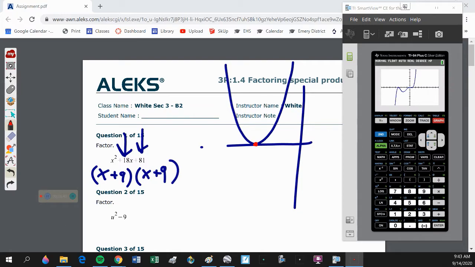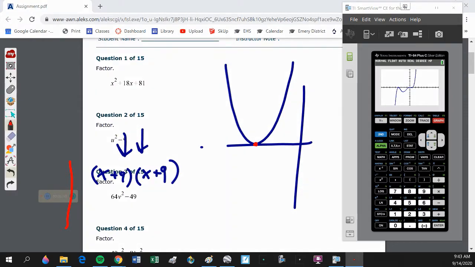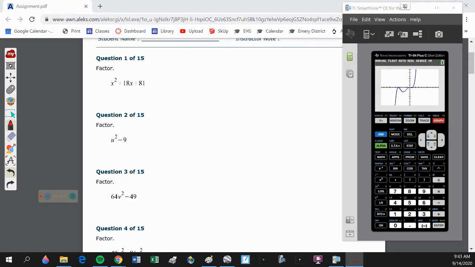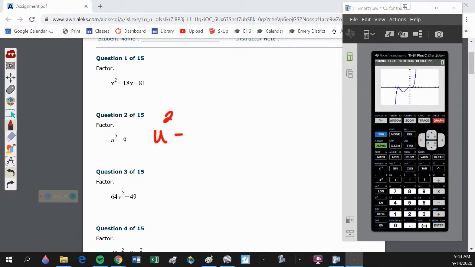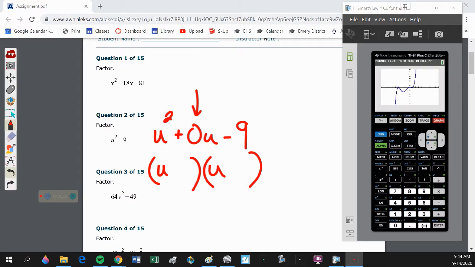The next one's a little bit weird. So I'm going to treat this like u squared plus 0u minus 9. Can you think of two factors that multiply to be negative 9 and add to be 0?